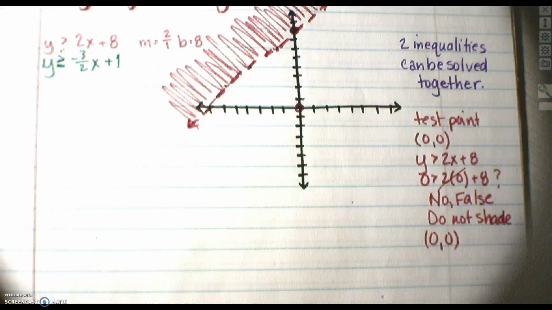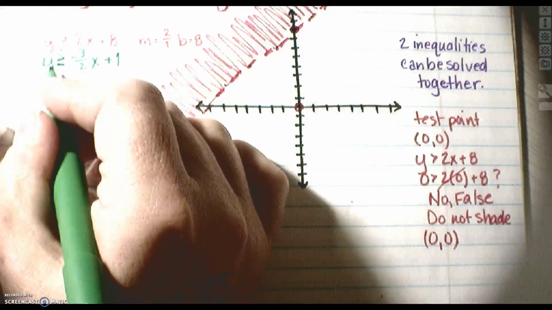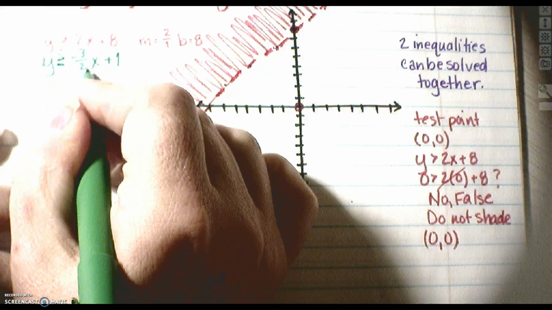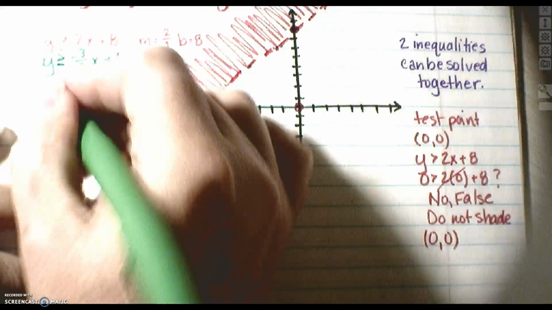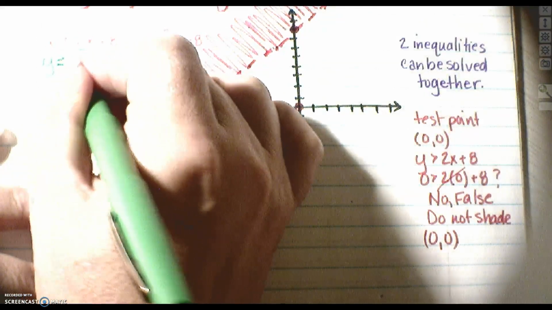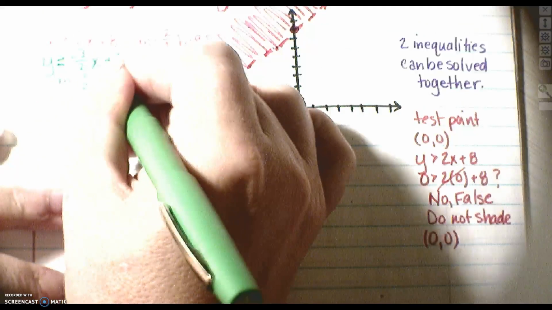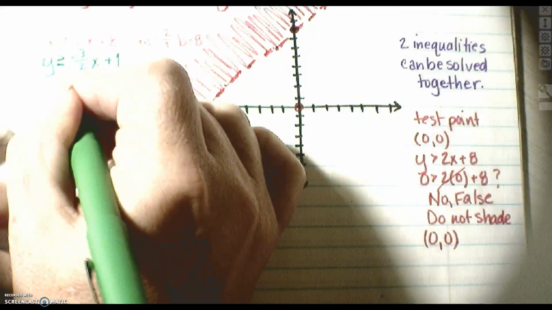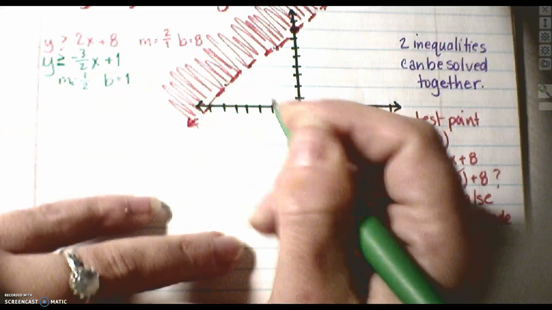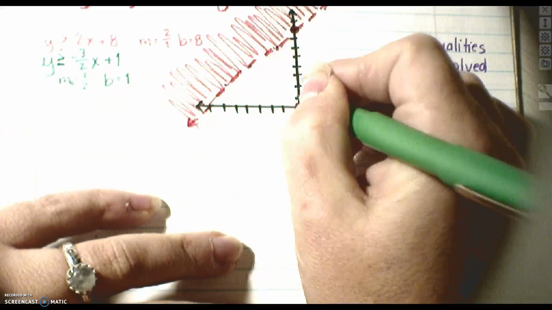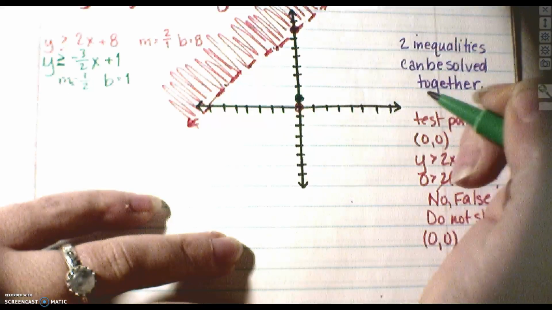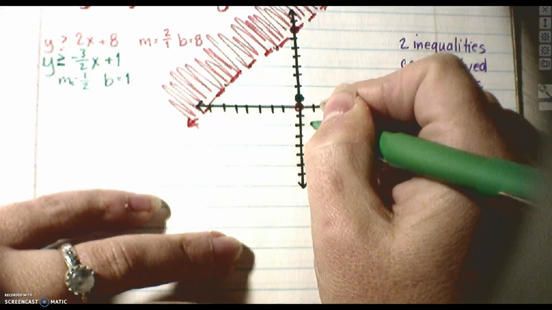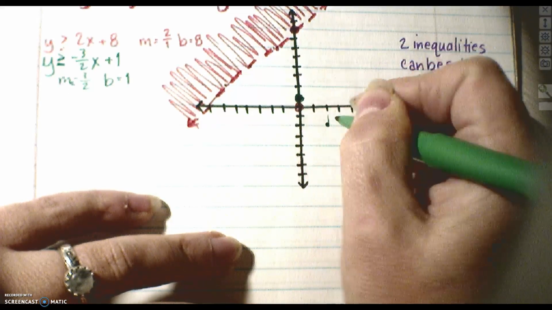Now let's look at the second inequality. Y is greater than or equal to negative 3/2 x plus 1. This gives us a slope of negative 3/2, y-intercept of 1. Okay, so y-intercept is 1, that'd be right here. Slope is negative 3/2, right there.